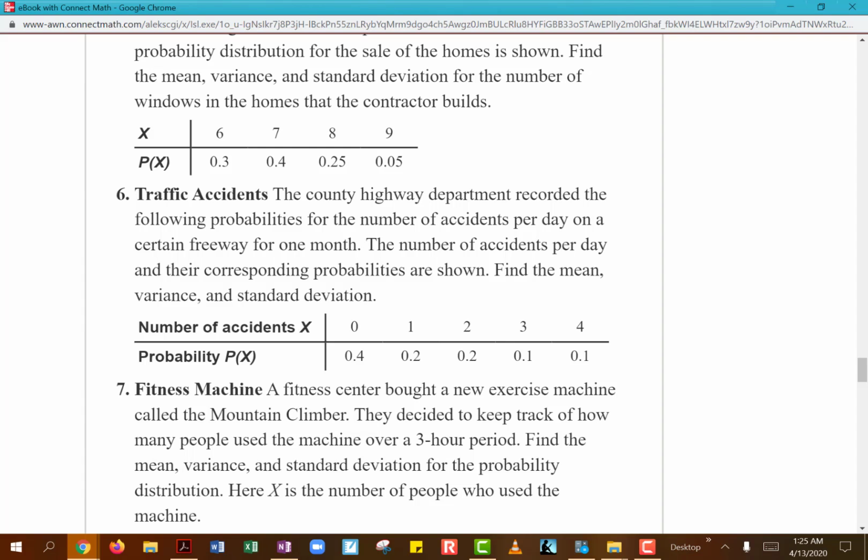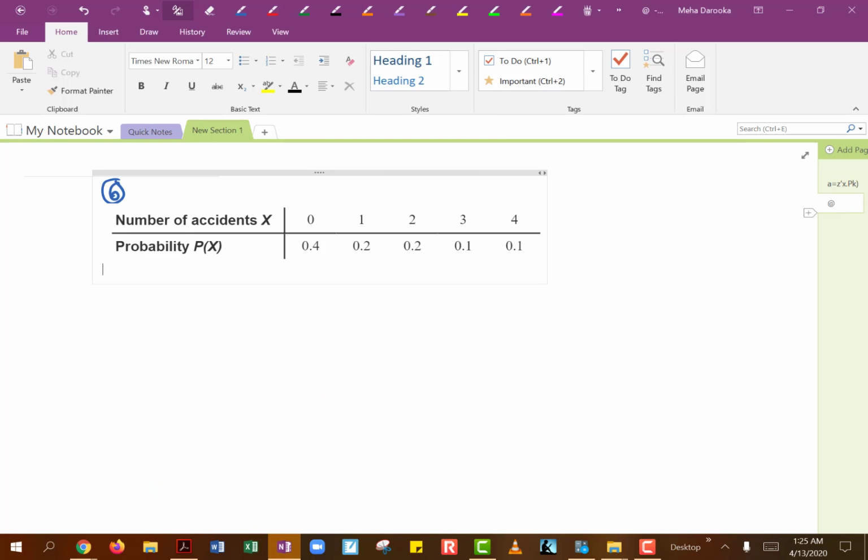They've got this probability distribution here, and I have it copied over already. Again, you can do this by leaving it as it is, or if you want to, you can put it in table form.